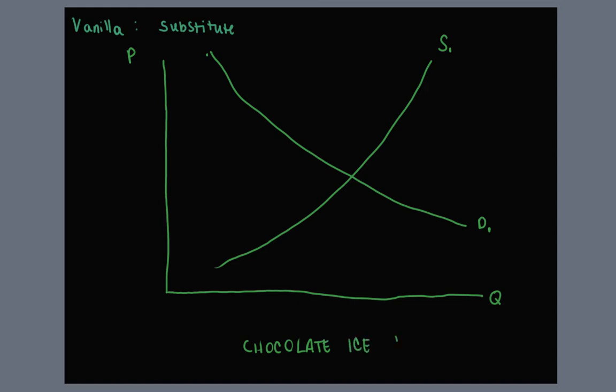Because vanilla is a substitute, we're thinking that when the price of vanilla ice cream lowers, the demand for chocolate ice cream will lower, because people will switch to a cheaper substitute, to vanilla.